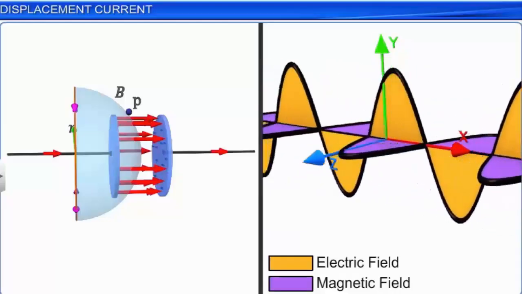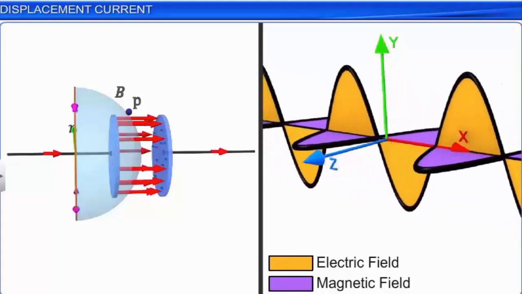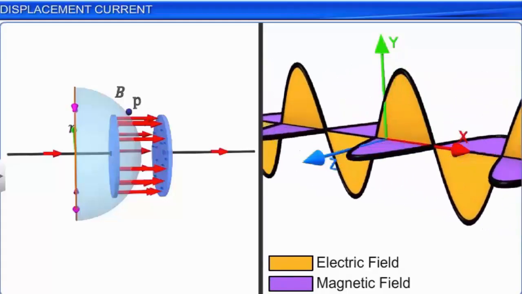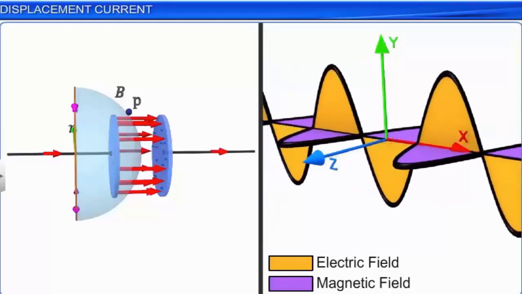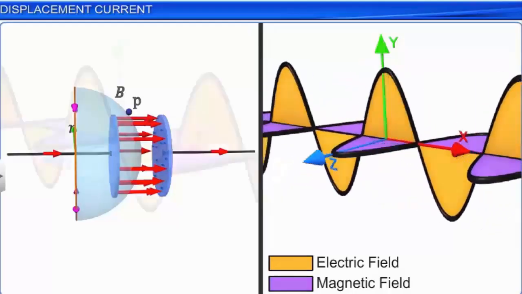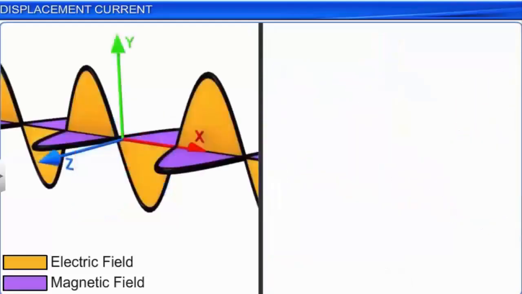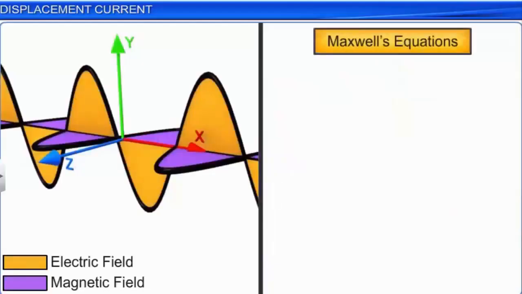Now, let us have a look at the set of equations originating from different sources that helped the study of electromagnetic waves. These equations are popularly known as Maxwell's equations. They are: integral over the closed surface E dot dA is equal to Q by epsilon naught.